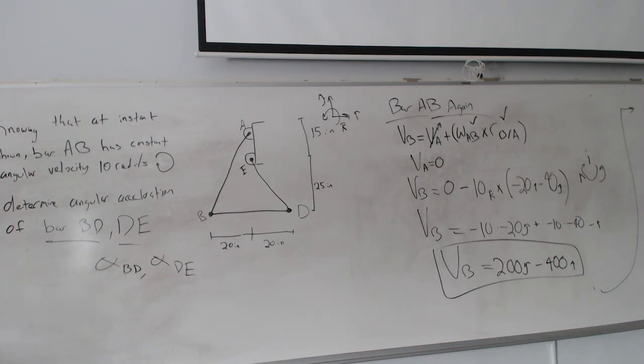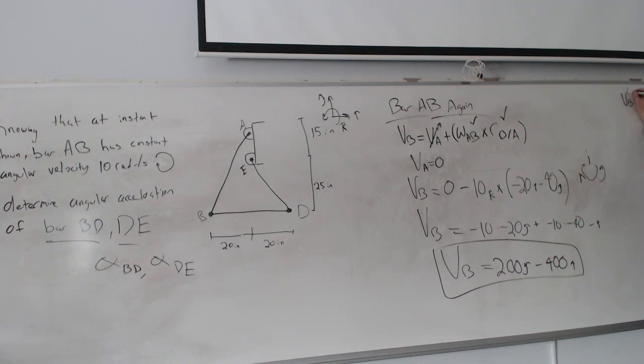Everyone cool if I erase this? All right, so in my original problem, this is just what I erased on the board, but I just wrote it smaller to make more space.